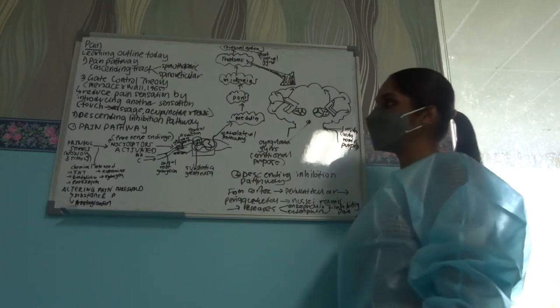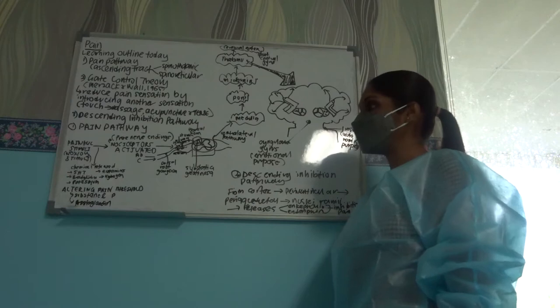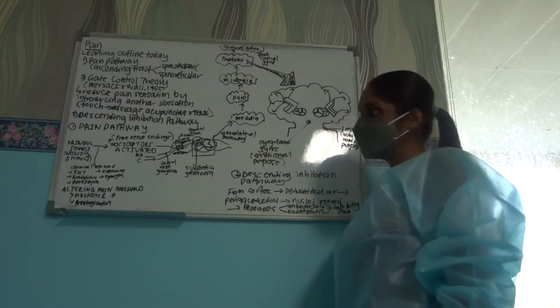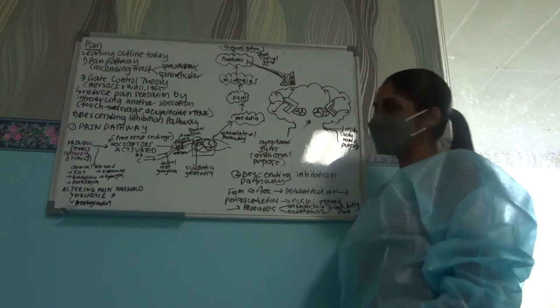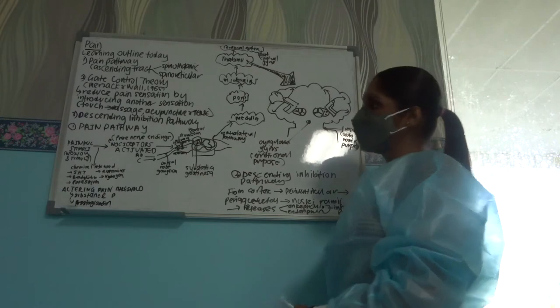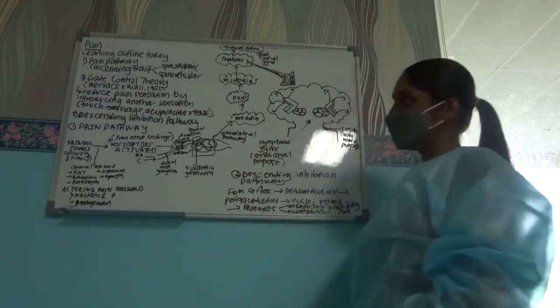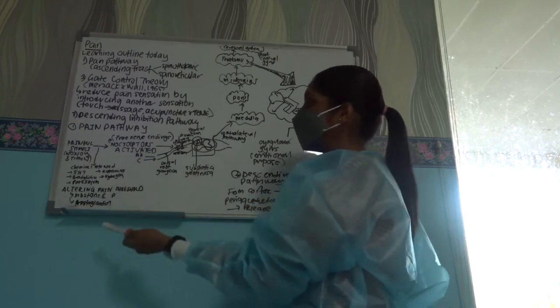As you see, I already explained what pain is before this. Pain is an unpleasant sensory or emotional experience due to actual or possible tissue damage. Let's say we have a painful stimulus, which we call a noxious stimulus.